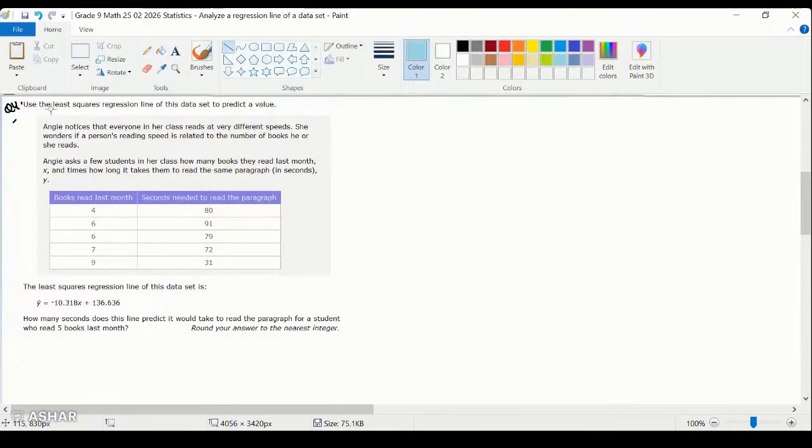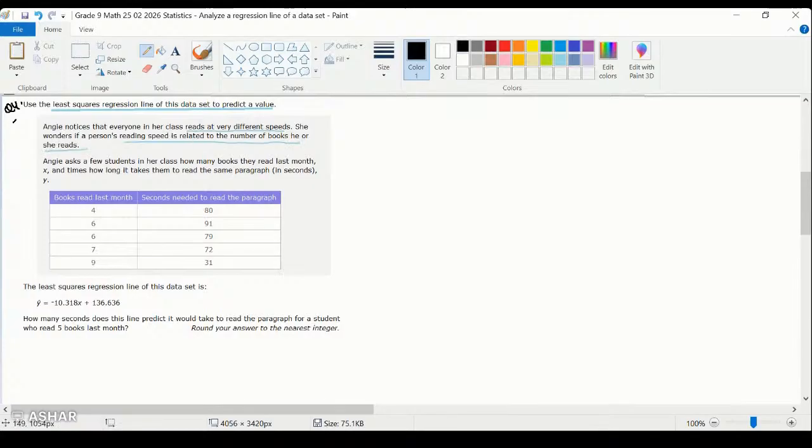Use the least square regression line to predict a value such that NG notices that everyone in her class reads at a very different speed. She wonders if a person's reading speed is related to the number of books he or she reads.